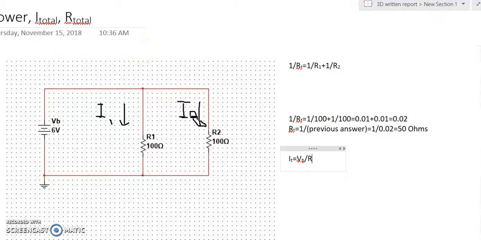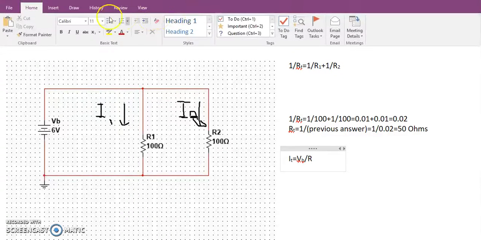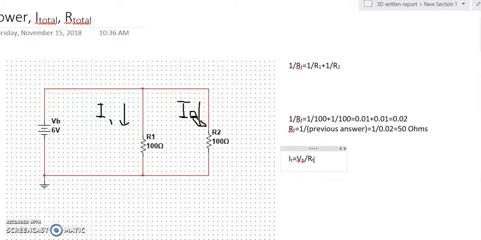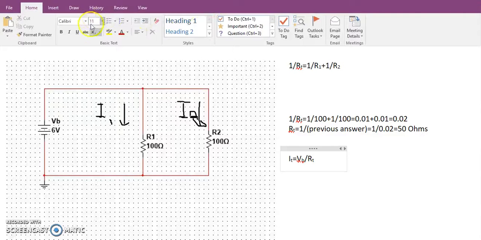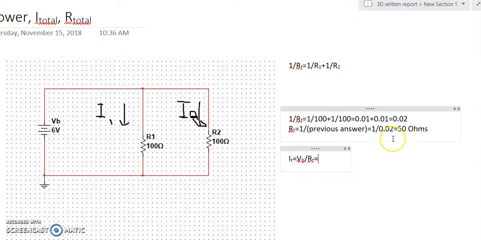Over Rtotal. Okay, so let's plug in some numbers. My voltage of the battery is 6 volts. And I'm dividing this by 50 ohms.